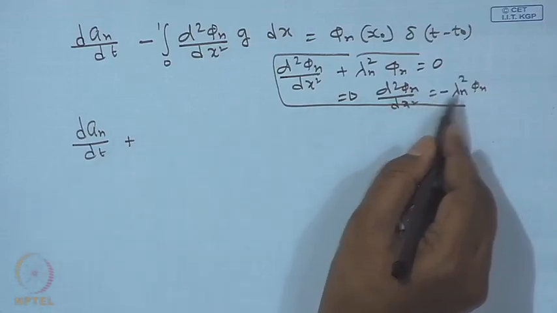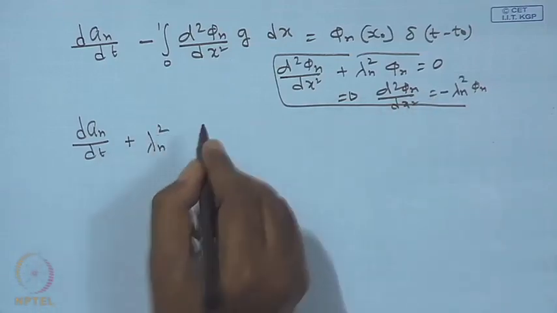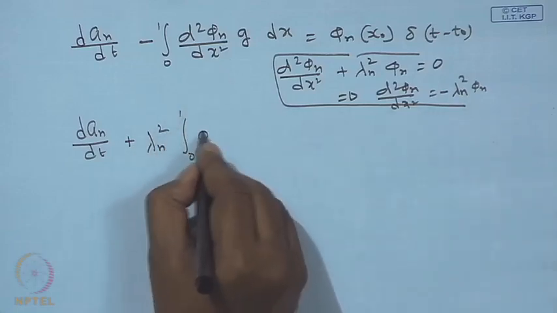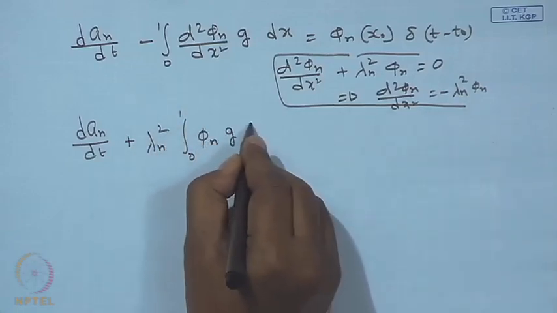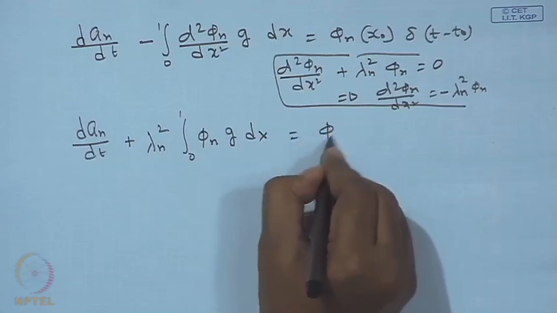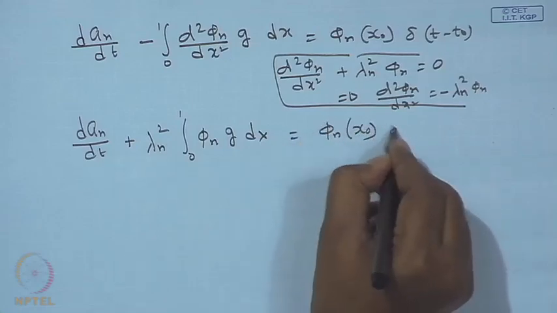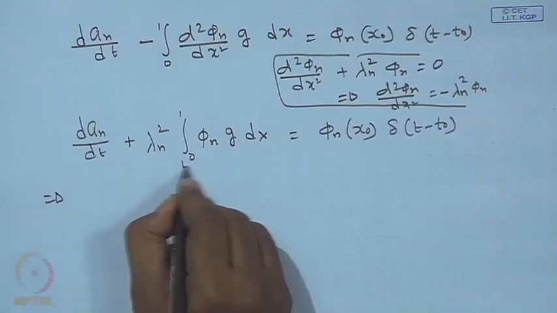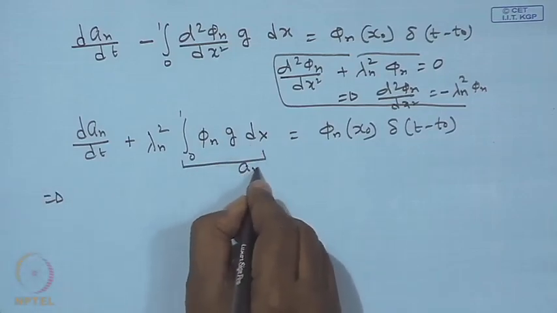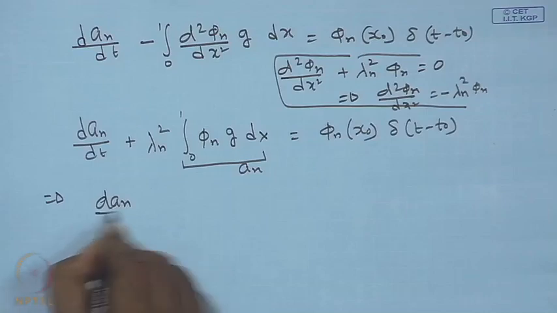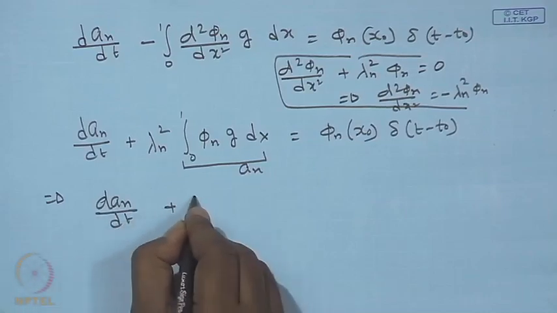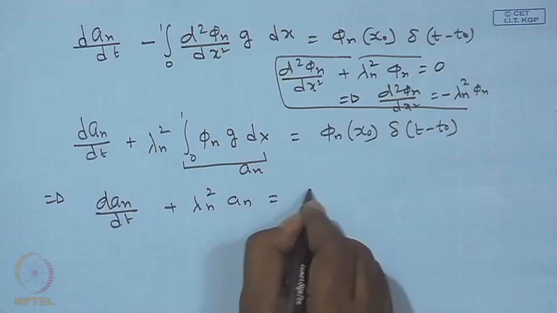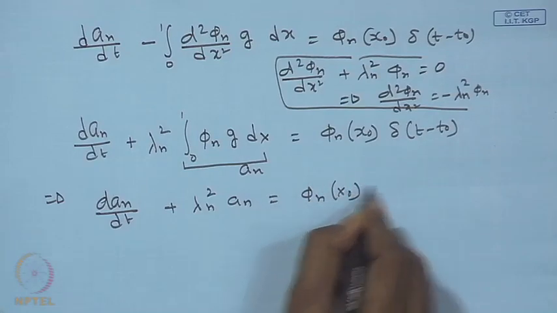Lambda n square is a constant, so it will be out. So, it will be the integral from 0 to 1 of phi n and g dx, which is equal to phi n x naught delta t minus t naught. Again, the integral of phi n g is nothing but a n. So, d a n dt plus lambda n square a n is equal to phi n x naught delta t minus t naught.